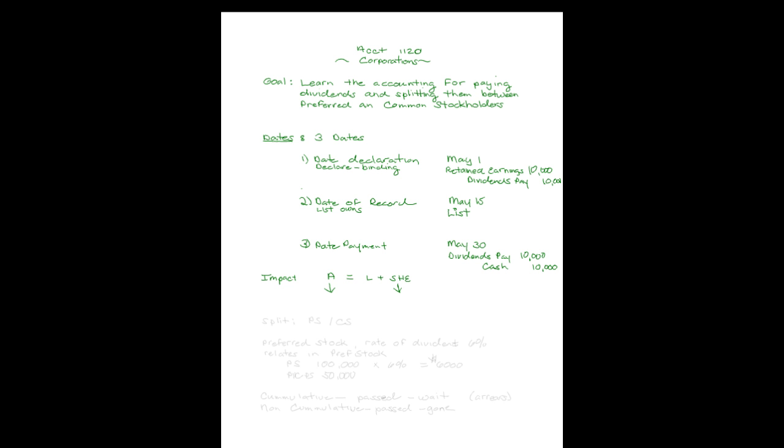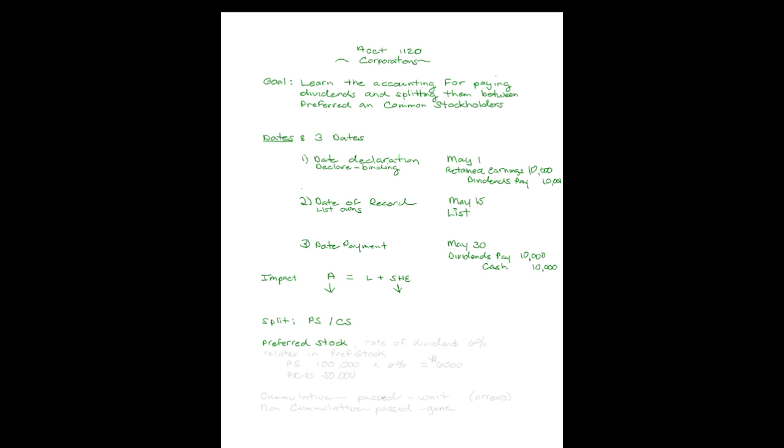Now we need to learn how to split the dividends between common and preferred, because preferred stock are going to get some and common stock are going to get some. But in order to do that, we need to learn a little bit more about preferred stock. So let's increase our discussion that we've had on preferred stock.